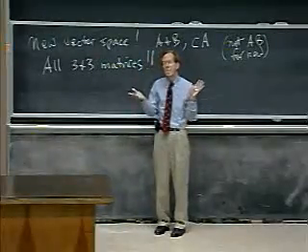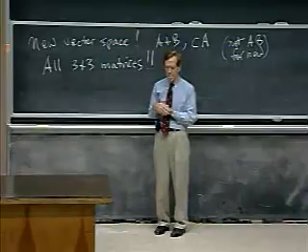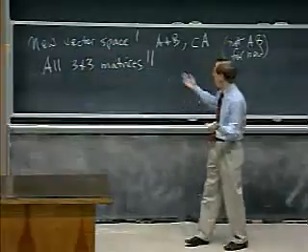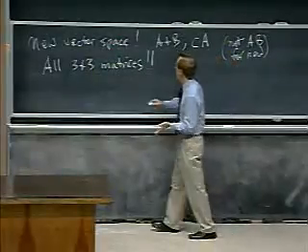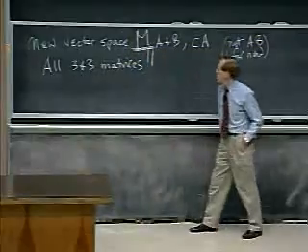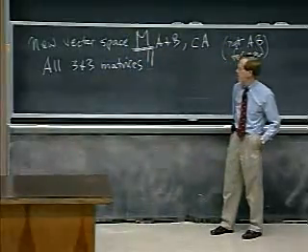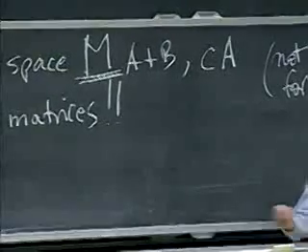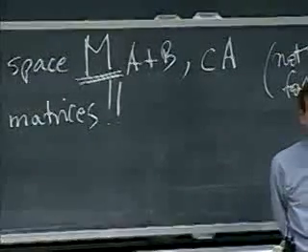And how about subspaces? Tell me a subspace of this matrix space. Let me call this matrix space M. That's my matrix space, my space of all 3 by 3 matrices. Tell me a subspace of it. Okay, what about the upper triangular matrices?